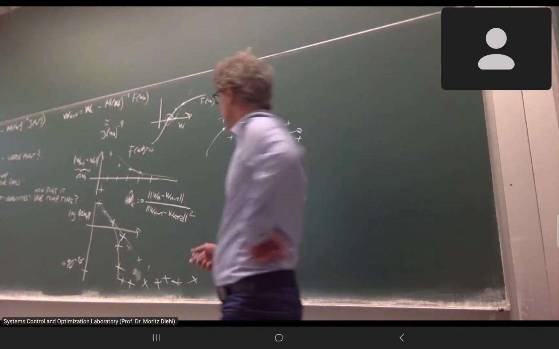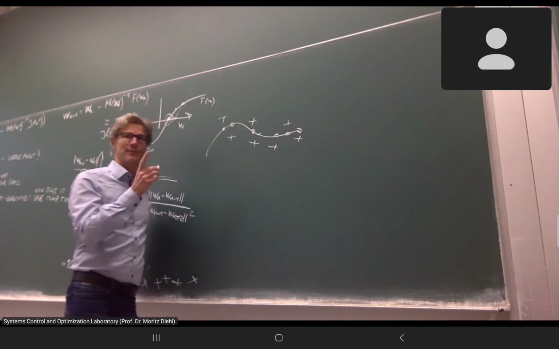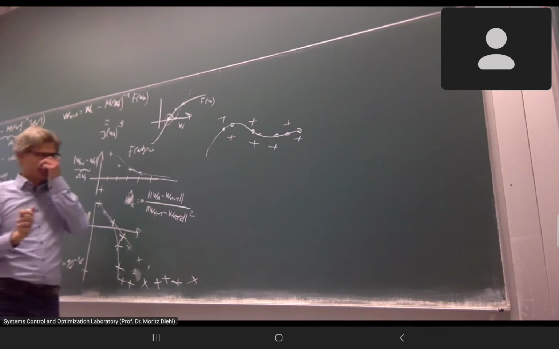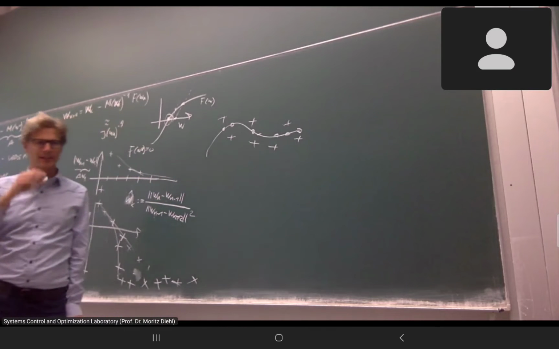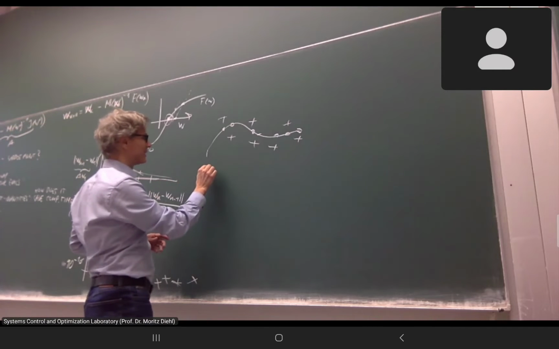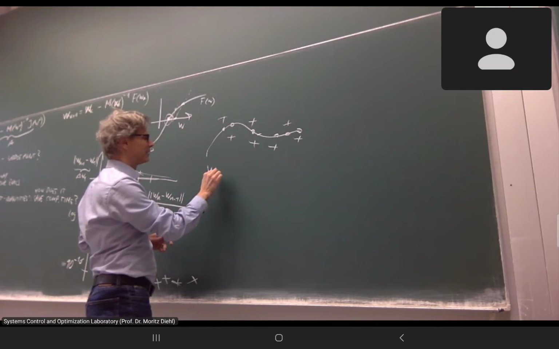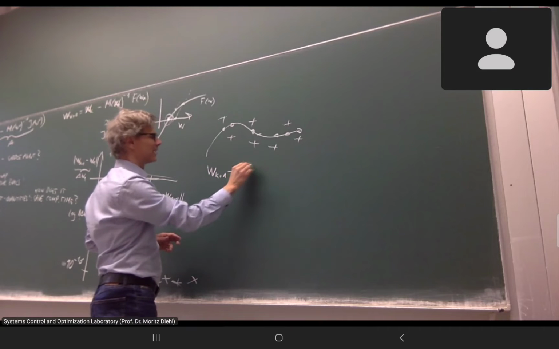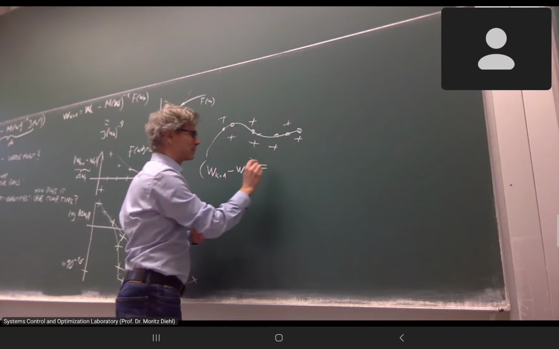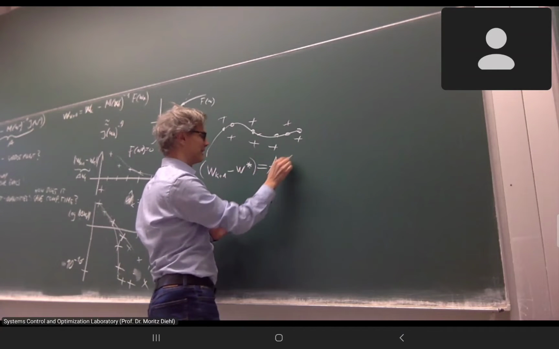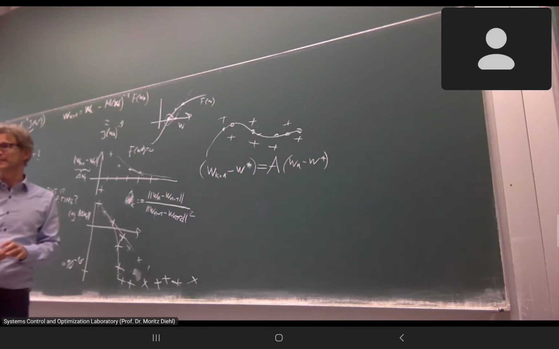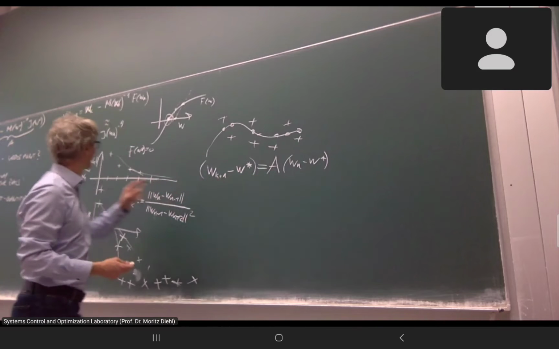If you have an iteration matrix, and the iteration is basically around the origin, then W_{k+1} minus W star, where W star is the solution which I don't know, is up to first order A times (W_k minus W star). That's what the first-order Taylor series says.